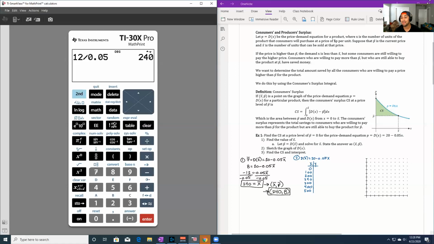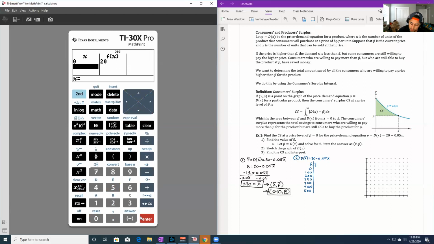Now I'm going to plug d of x into my calculator, into the table function: 20 minus 0.05x. Enter, enter, enter. Clear these values out to make room, and then type in 0, you get 20.